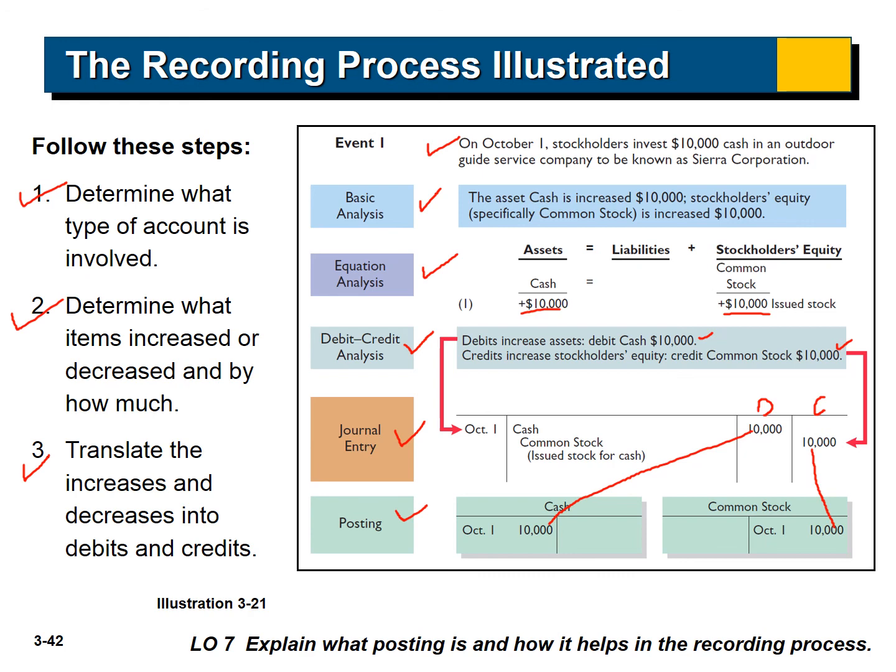We debit cash and we credit common stock, and then we take the journal entry and we post it. So the cash goes on the debit side, the common stock stays on the credit side. Repeat for every transaction. You get this down, you got it. This is really, really important to get this down.